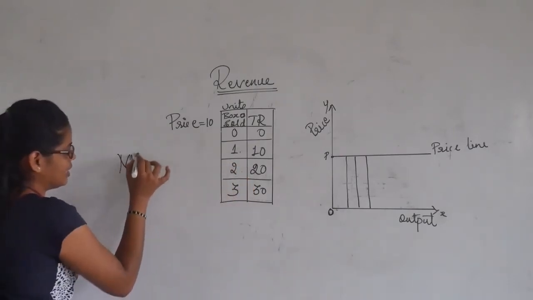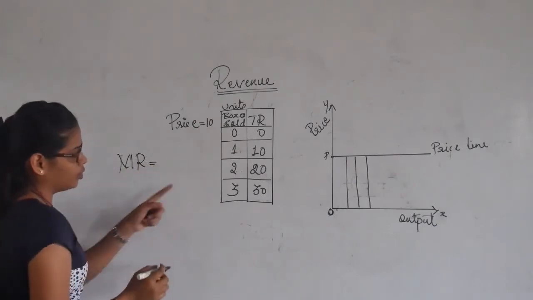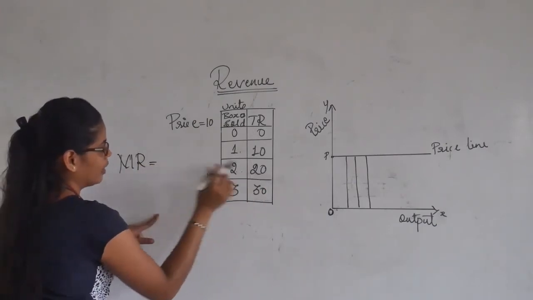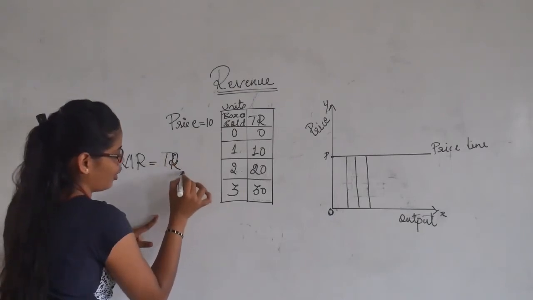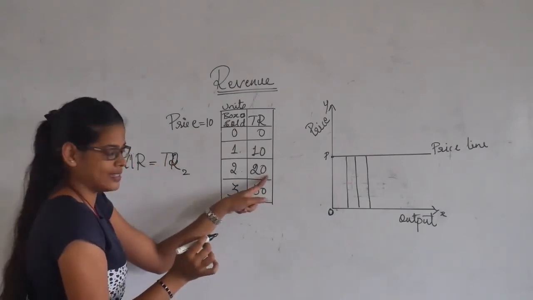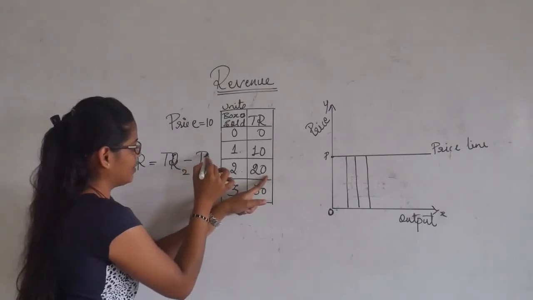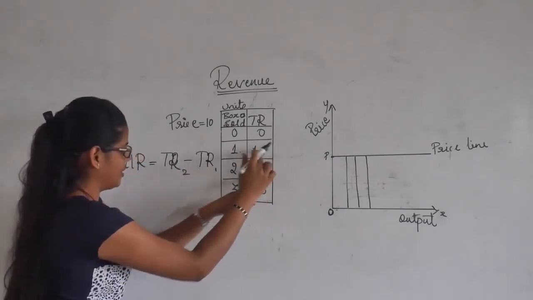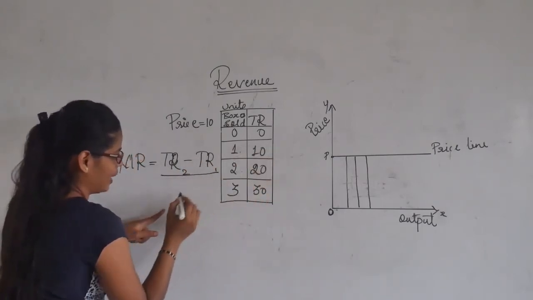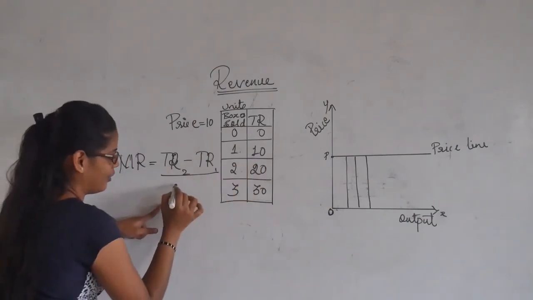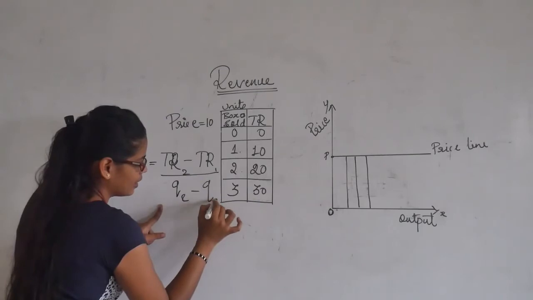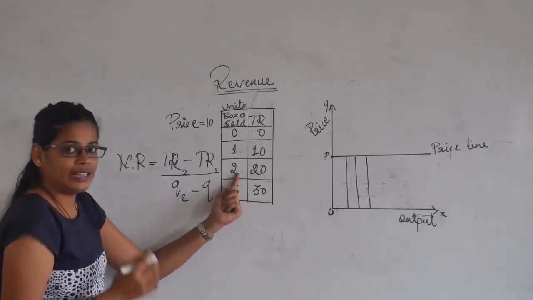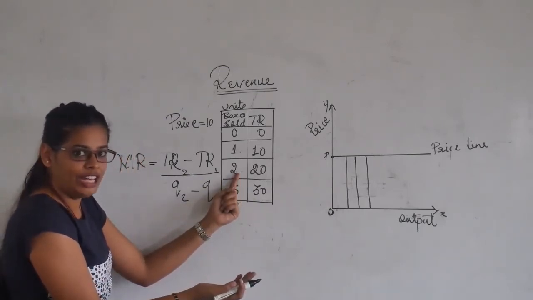So marginal revenue is equal to the total revenue of the second one, okay, this is second, minus the total revenue of the first, which is this, divided by Q2 minus Q1, because this is the extra unit which you have increased.